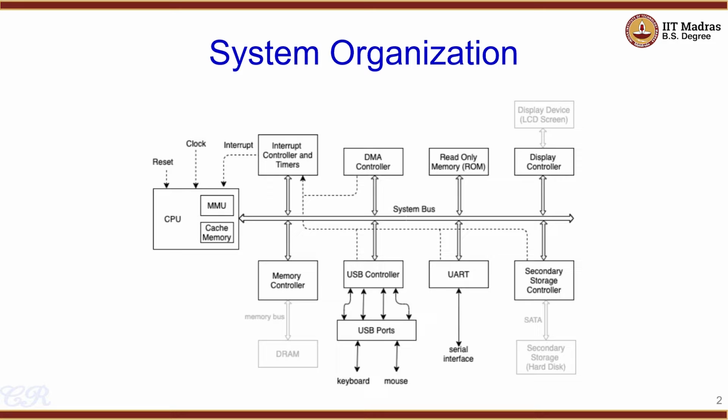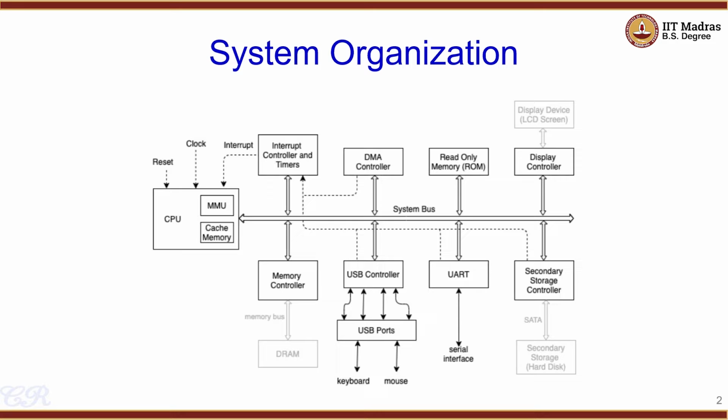So especially in the small embedded systems, this particular file shows how the system is organized. For larger systems like your desktops, laptops, or servers, it would be more or less similar, but there would be certain differences as well.